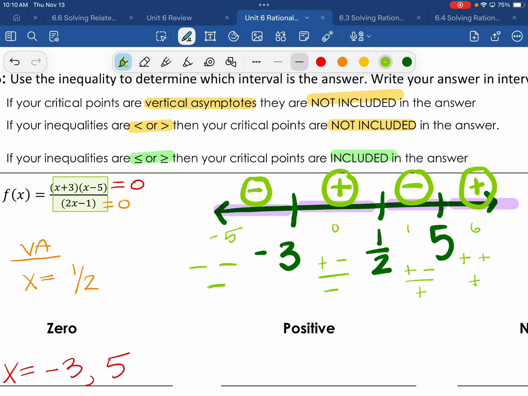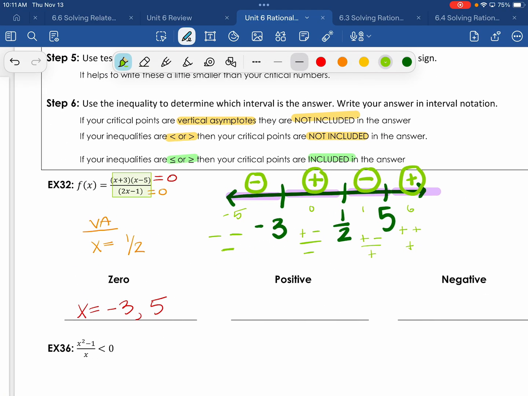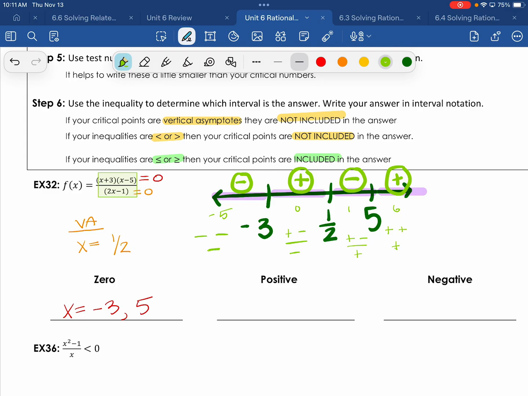A lot of times you are going to see an alternating pattern, but it doesn't always happen, so you do need to make sure you go and check. If this question was asking for when f is greater than 0, which means positive, I'm going to put the intervals where I'm positive.